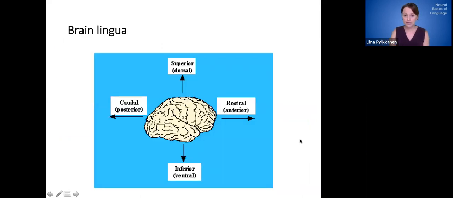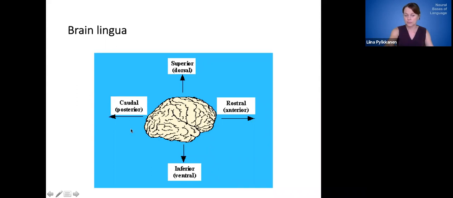Since we'll be talking about the brain, I just want to introduce a little bit more terminology. This picture shows how we talk about directionality within the brain, and it's really the same as for any biological system. When some type of activity is relatively towards the front of the brain, we can use the adjective anterior for it, or rostral, which comes more from the animal literature, but you'll notice that term as well.